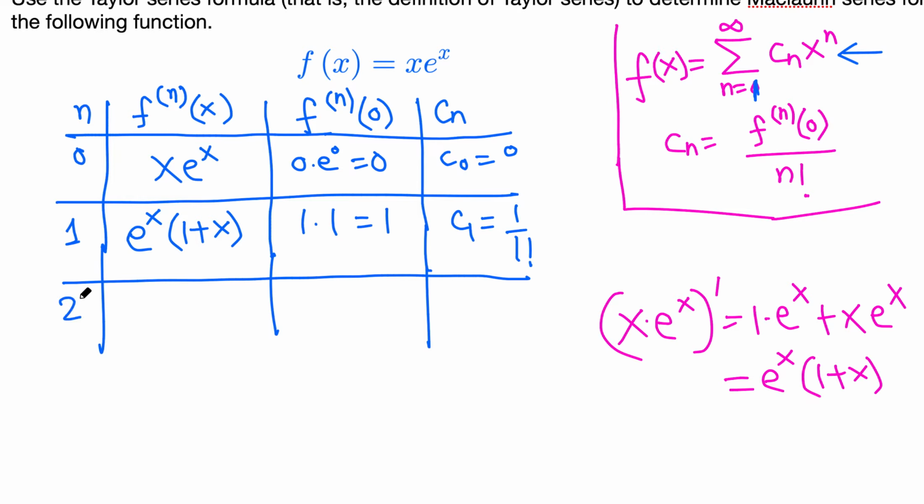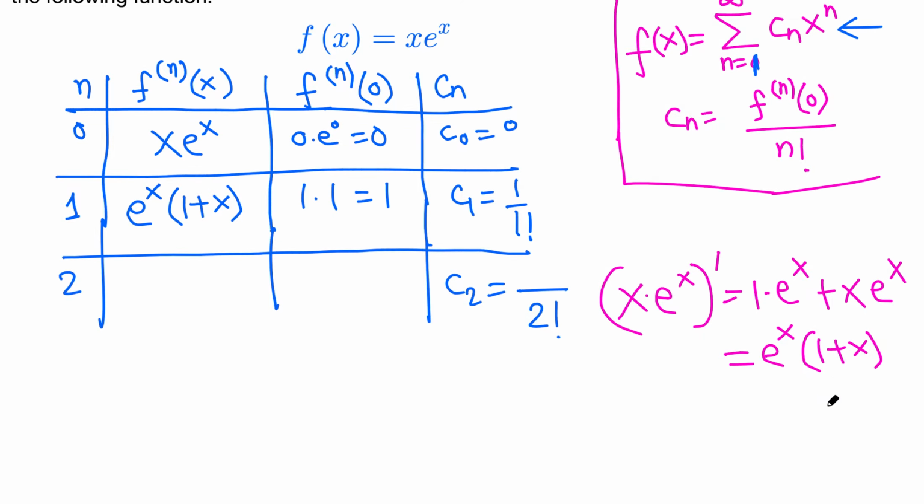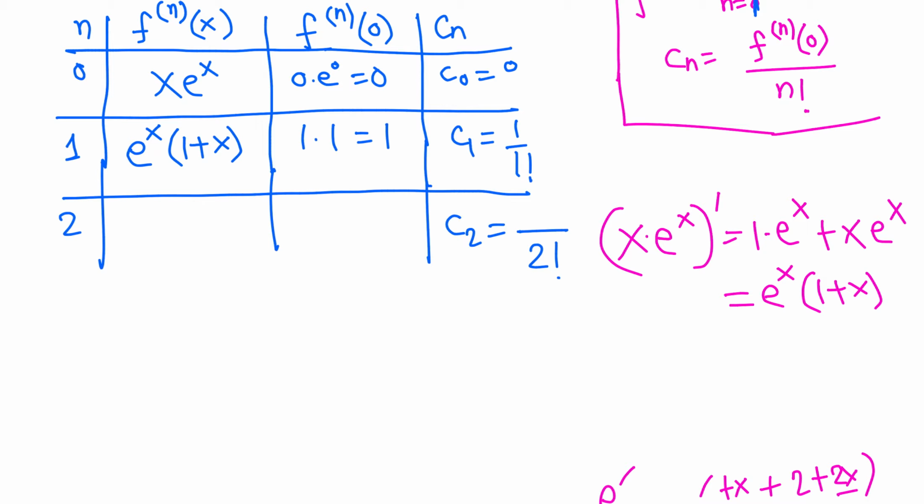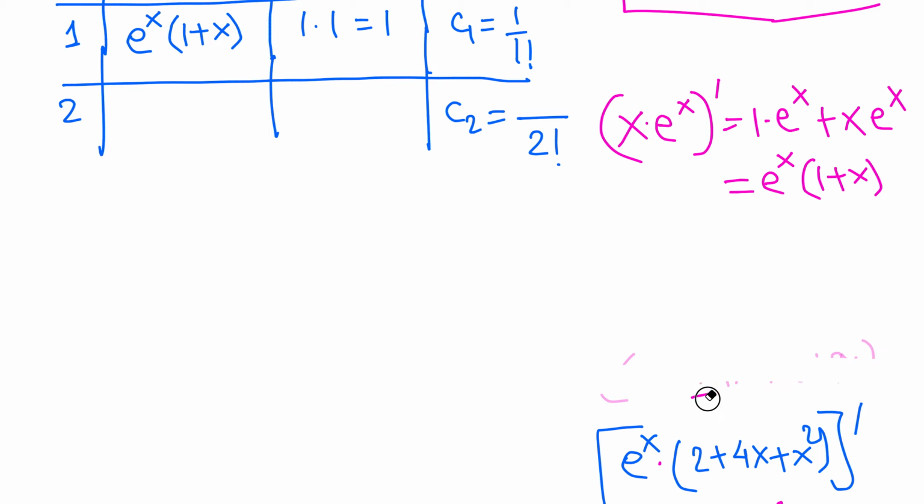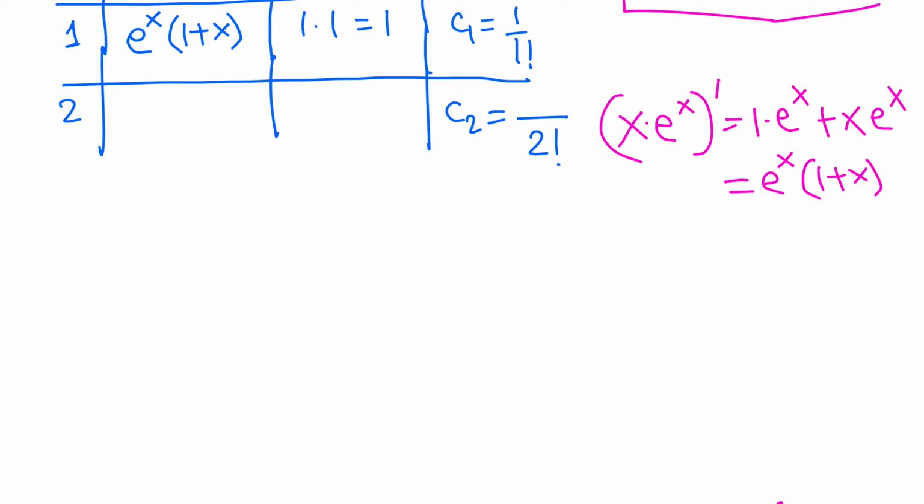For n equals 2, we are trying to determine C2. C2 will be whatever we have here divided by 2 factorial. We need the second derivative of the given function, which is the derivative of this first derivative. Some work is already done, so let's find the derivative of e^x times (1 plus x).